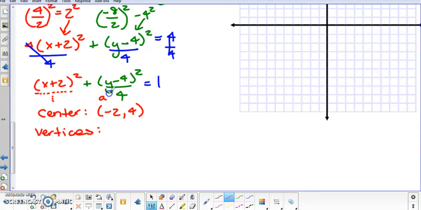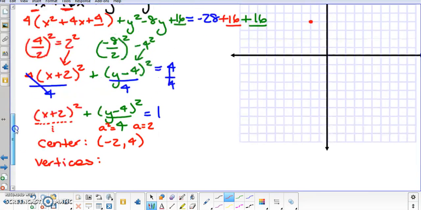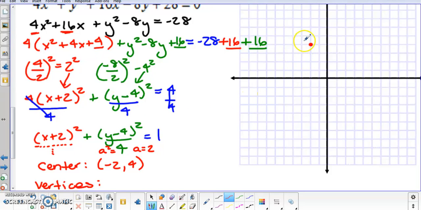So this means that my a squared equals 4, so my a equals 2. My vertices are going to be located up and down 2 because that's underneath my y. So I'm going to go up 2, down 2. And that means that I'm moving along 1 on my x-axis here because this is my b squared. And so b equals 1.